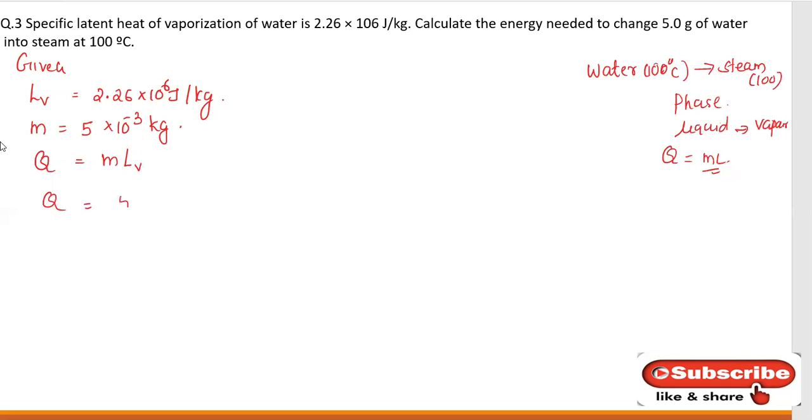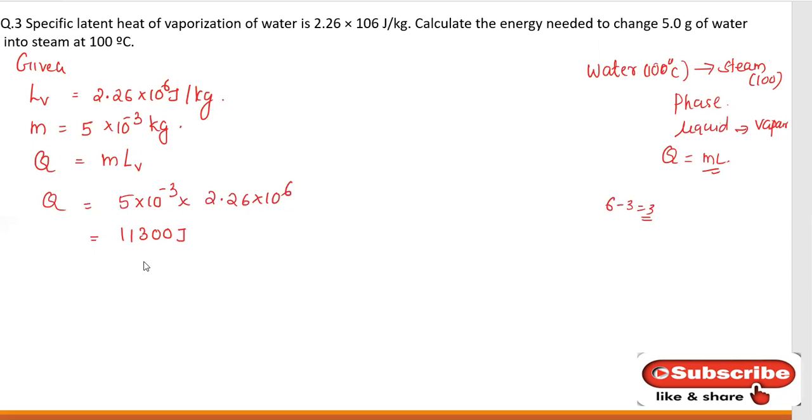That is Q is equal to m, 5 into 10 raised to minus 3, into latent heat, 2.26 into 10 raised to 6. 10 raised to 6 minus 3 is 10 raised to 3, that is 1000. So 2260 into 5 is 11,300 joules.